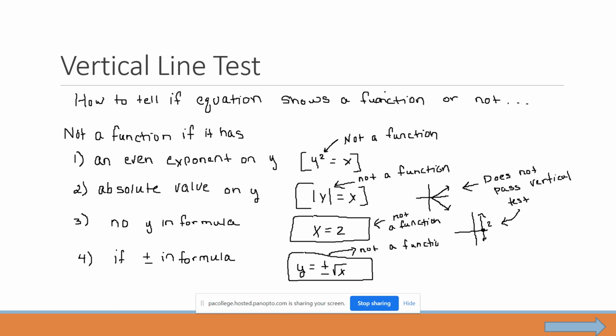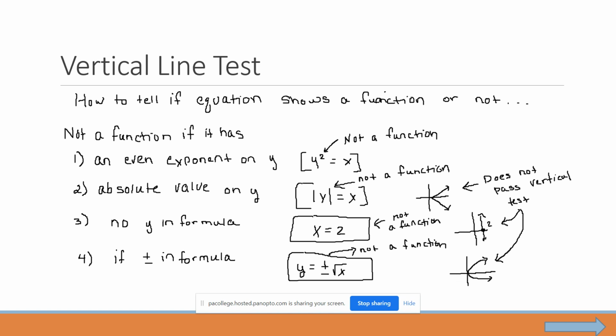In some ways, I think this one's the easiest one because that plus minus immediately violates the definition. Something with a plus minus is going to give you 2 separate answers, so it's not going to map every element of the domain to exactly one in the range. That's definitely not going to work. And if we looked at the graph of this, we would end up with a graph of a sideways parabola, and that would obviously, again, not pass the vertical line test, so not a function.